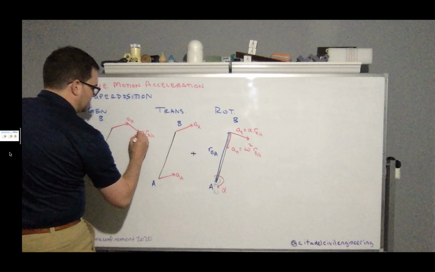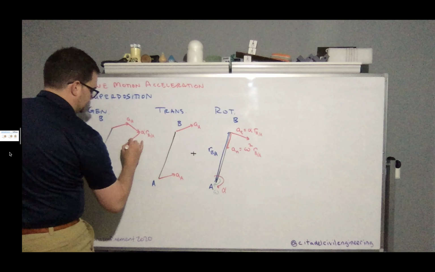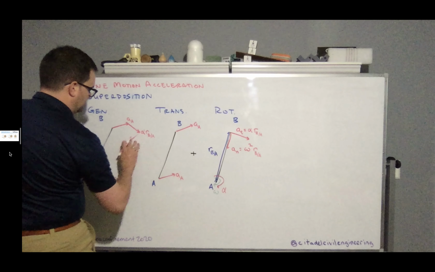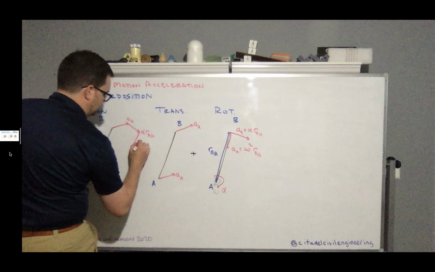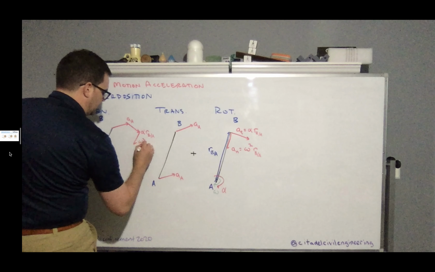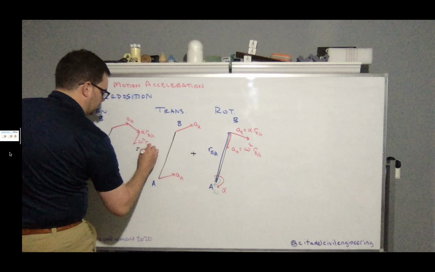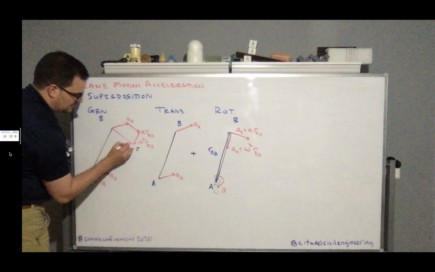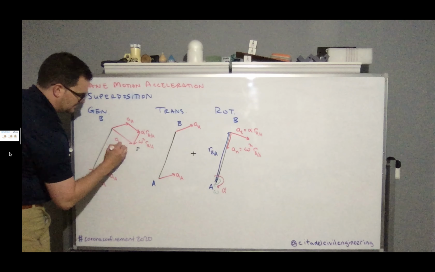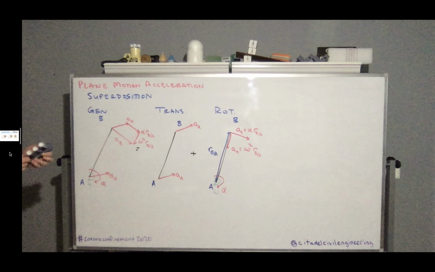And then I would add my normal component, something like this. No, it's got to be parallel. Something like that. This would be omega squared r B with respect to A, which means that at this moment, this is my total acceleration for point B.